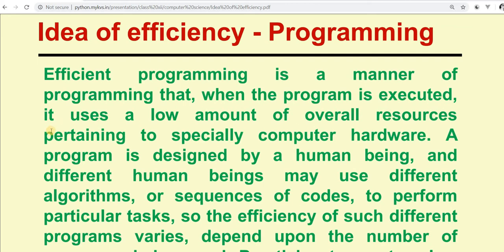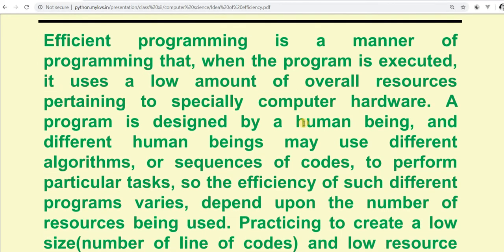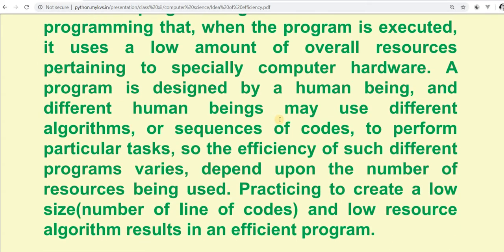A program is designed by a human being, and different human beings may use different algorithms or sequences of code to perform particular tasks, so the efficiency of such programs varies. Everyone has their own style of coding, so you use your own style and the other person uses his own.